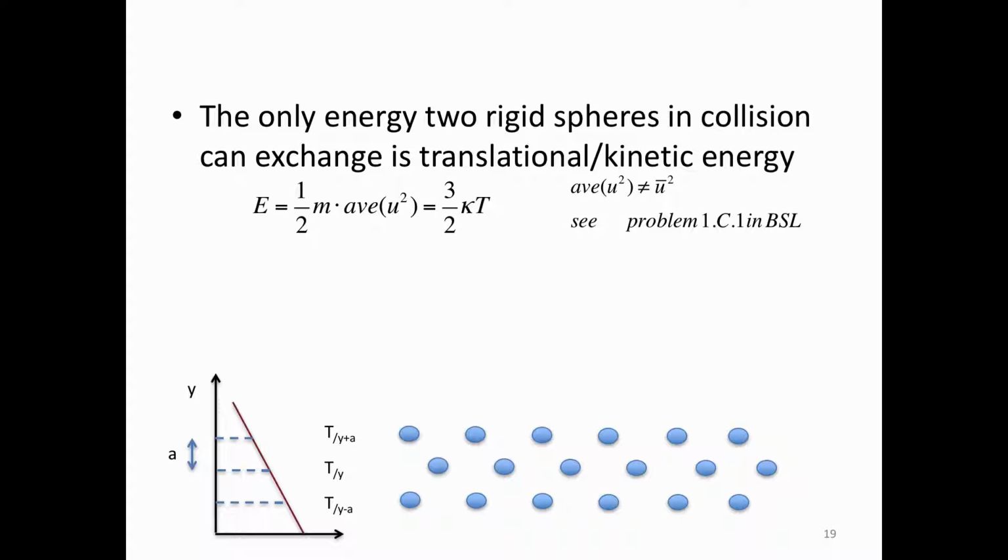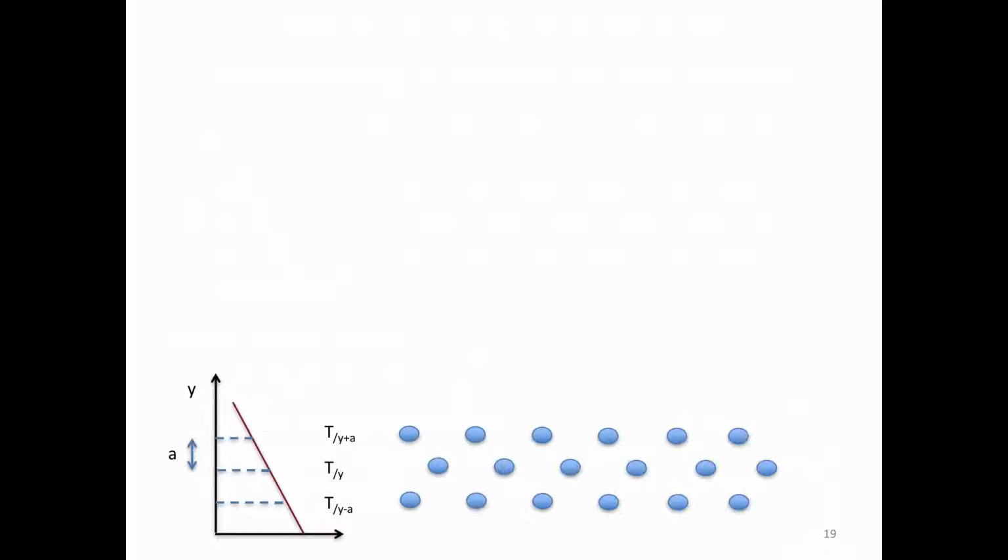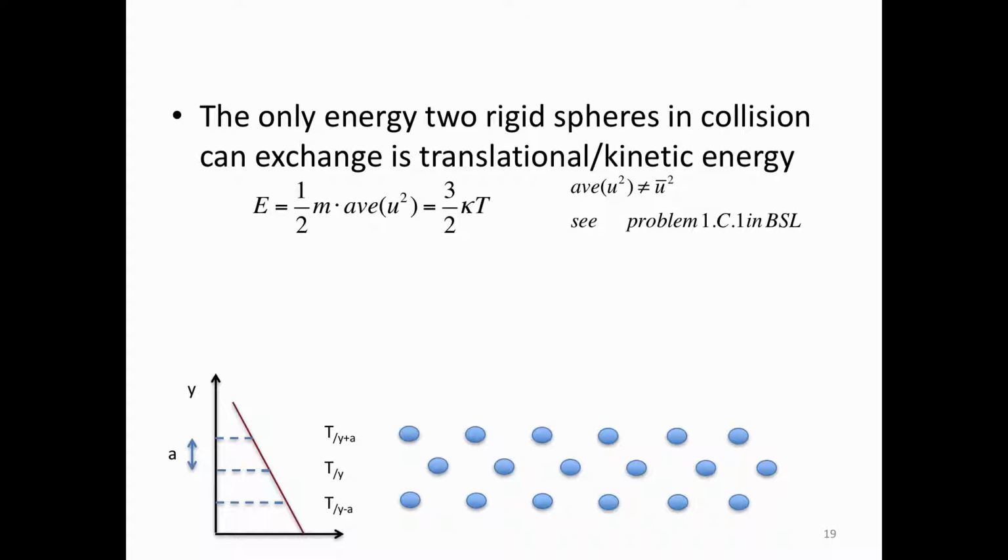And the average of u squared in itself is not that expression averaged. Okay, I have an integral of u squared that I have to do over the distribution of velocities, but you can look into this problem if you want to, but basically energy is directly related to the temperature via the Boltzmann constant. Cool. So I know what I'm exchanging.